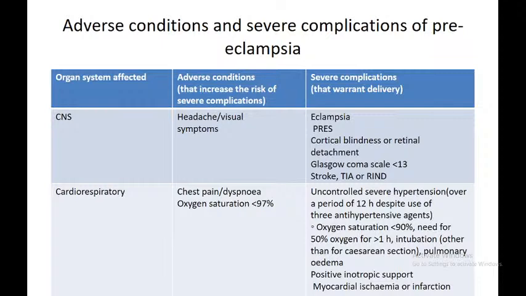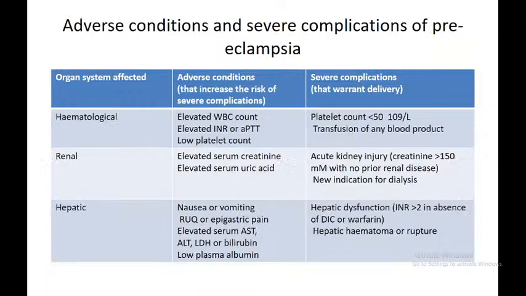The severe complications will mostly be uncontrolled severe hypertension, the oxygen saturations tend to fall, and they might have myocardial ischemia or infarction, and even pulmonary edema is one of the complications. So when it comes to cardiorespiratory complications, it is either pulmonary edema needing positive inotropic support, or myocardial ischemia or infarction.